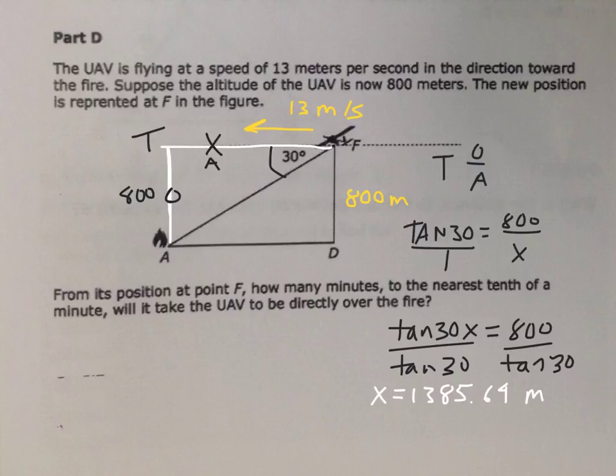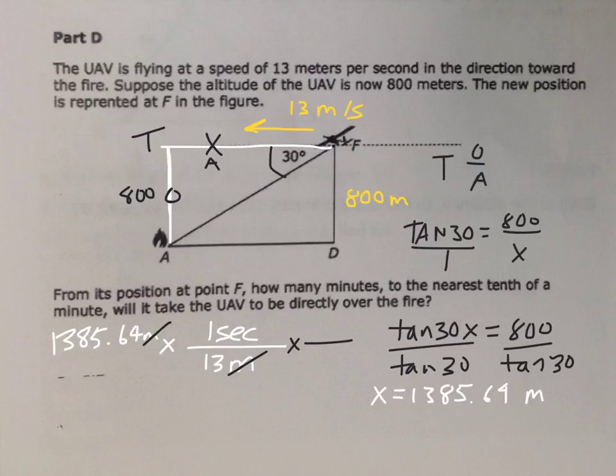Now I have to turn meters into minutes. So check out the conversion. I want to get rid of the meters, and I know it's 13 meters for every second. So if I divide by 13, I will get rid of the meters and replace it with seconds. So it takes about 107 seconds to get there.